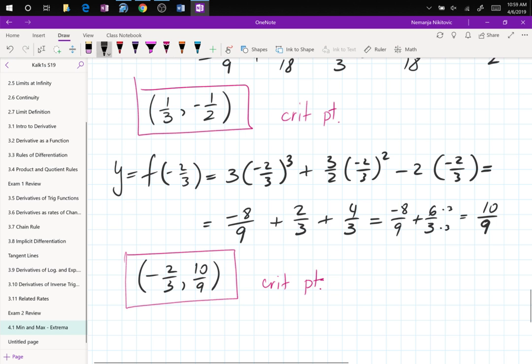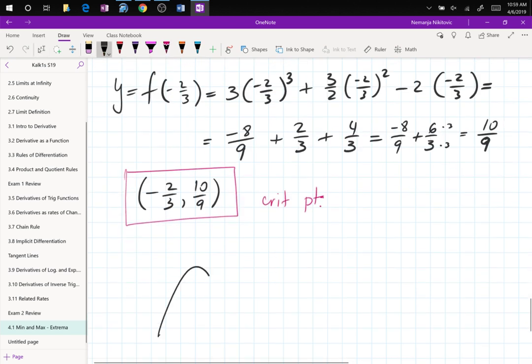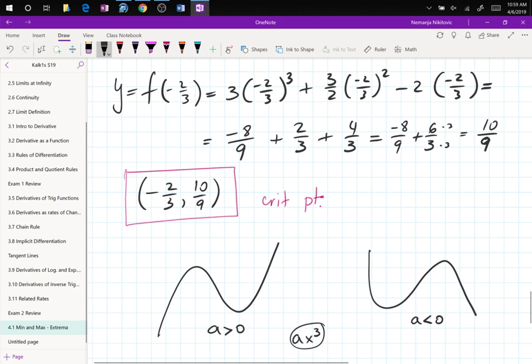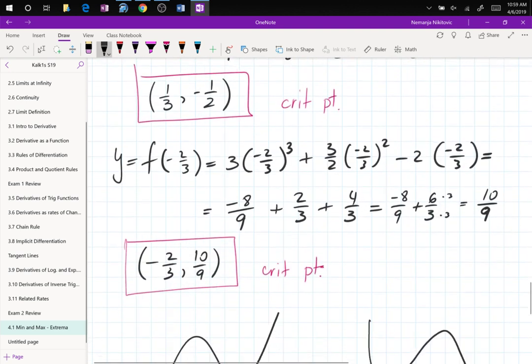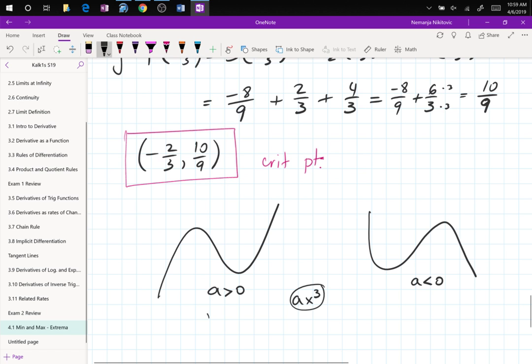Because the cubic graph is either this way or that way from pre-calc 1. Now it's this way if a is bigger than 0, and it's this way if a is less than 0, and a is in front of the cubed term. So my a in this case is 3. So I have a equals 3, which is bigger than 0.